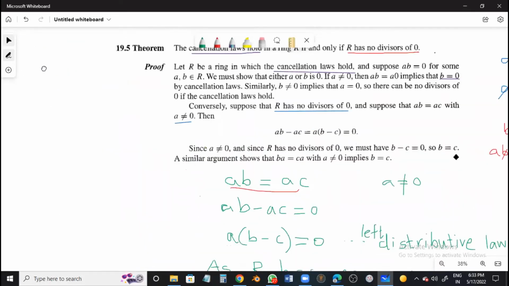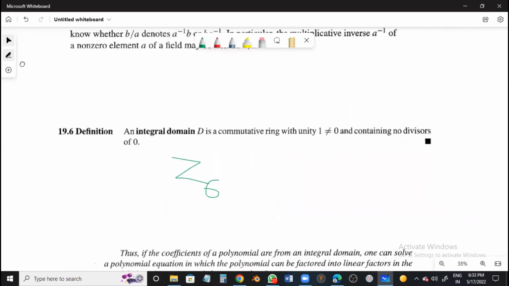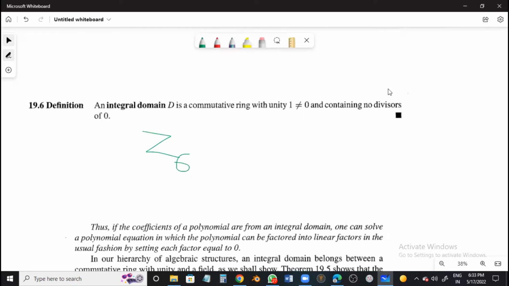What is an integral domain? It should not contain 0 divisors. No, Z6 is not an integral domain. Got it? Z6 is not an integral domain because it contains divisors of 0.